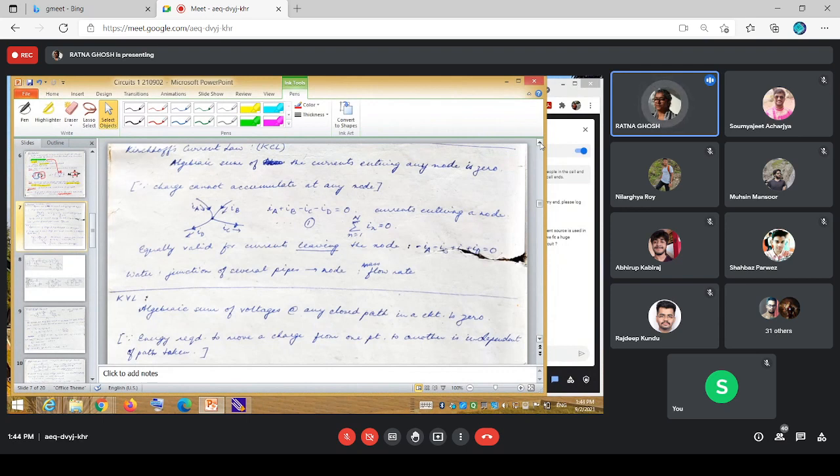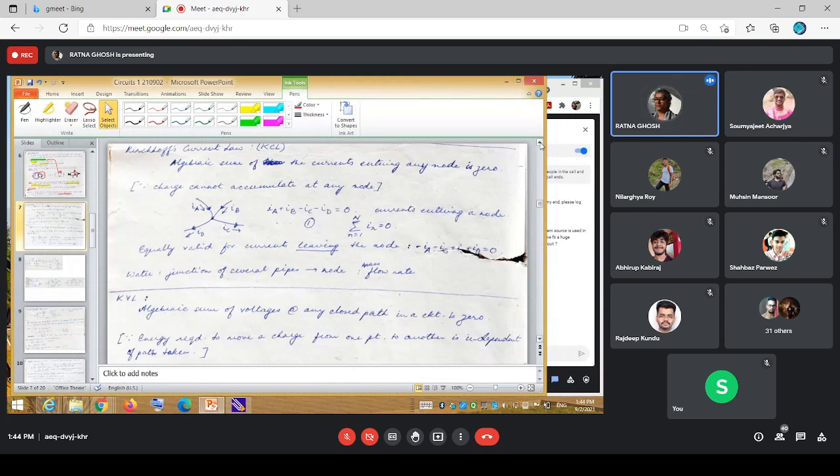At any particular node, you can never store any water. It will always flow on into one of the branches. So net storage of water in a particular node is 0, and net storage of charge in a particular circuit node is 0.